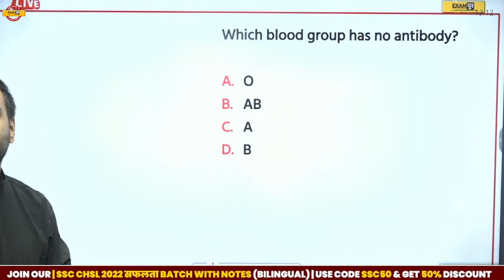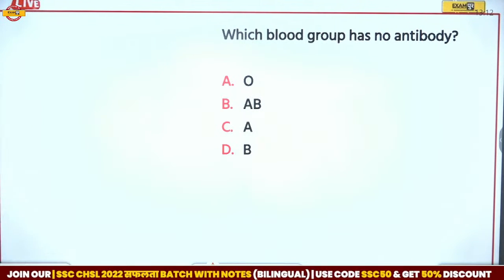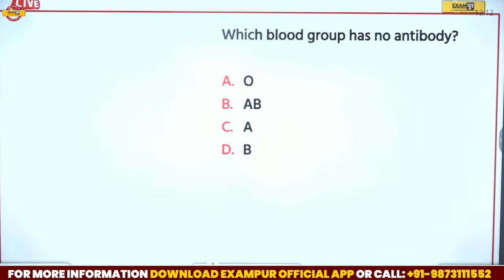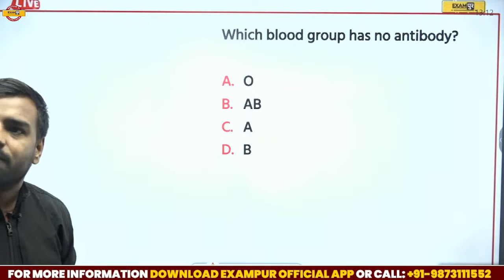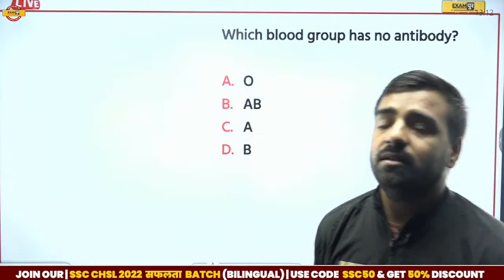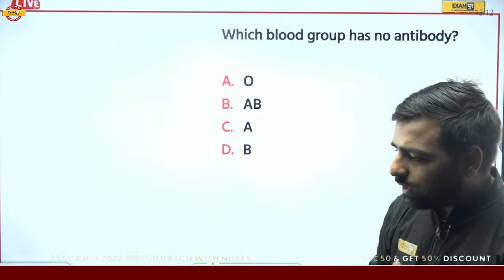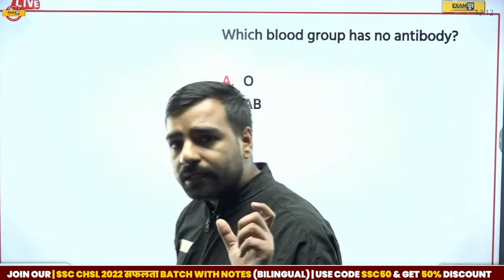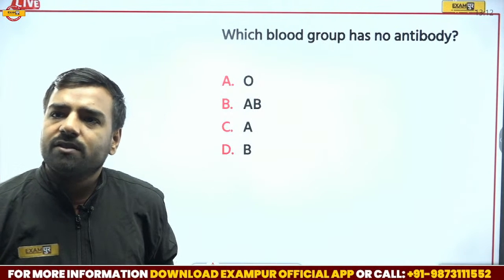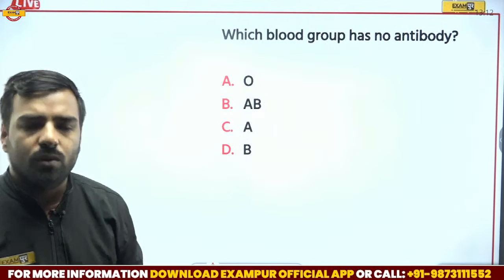Yes, Jagdishan, Muskan, you are absolutely correct. But what about this question? No antibodies. So Kirti is going with O. Remember Kirti, when we are talking about universal donor, that is O, but universal recipient is AB. Jagdishan is going with O, Muskan is going with O. Okay.